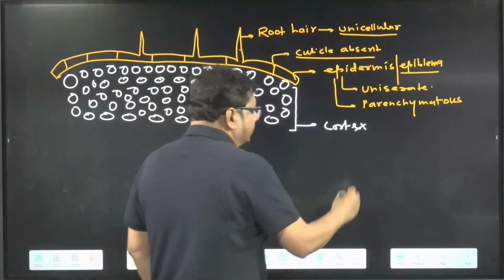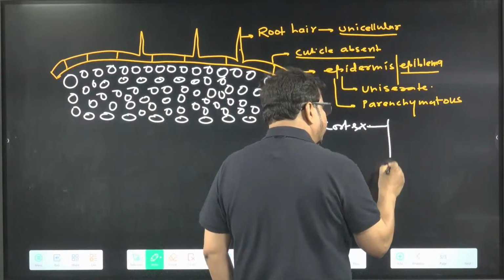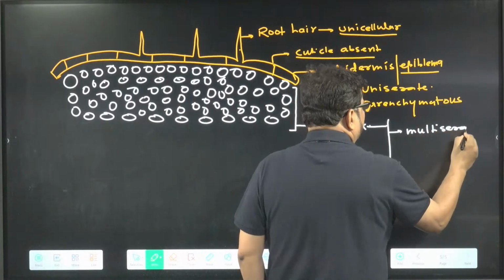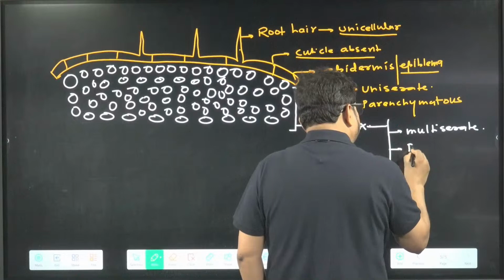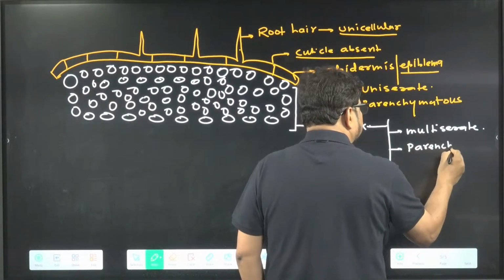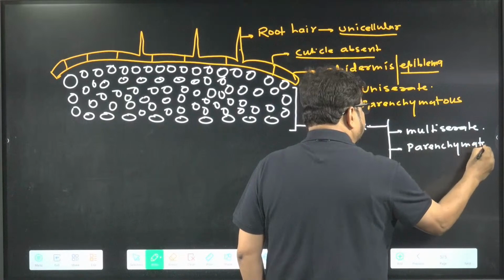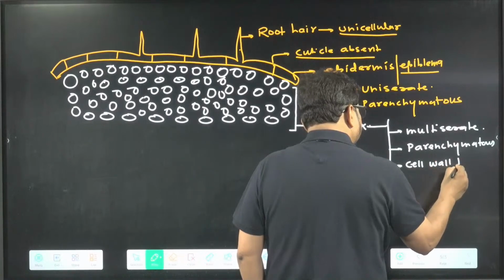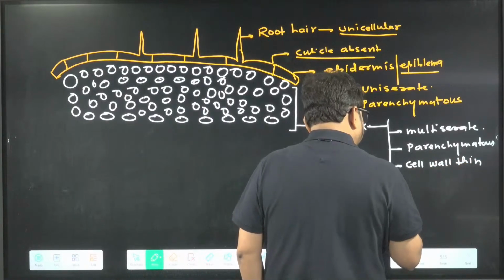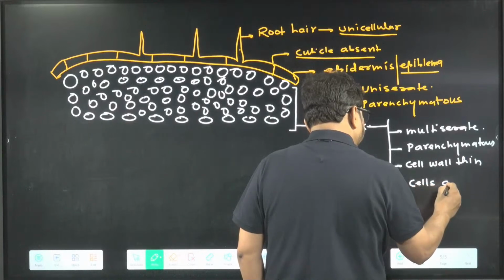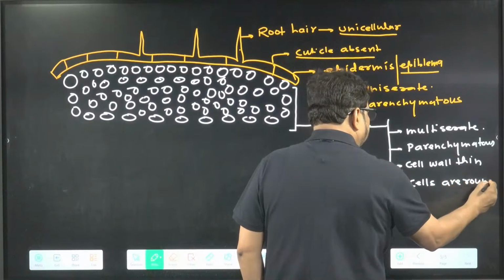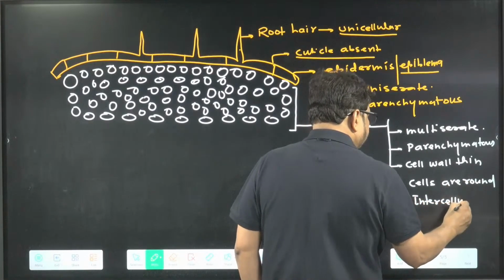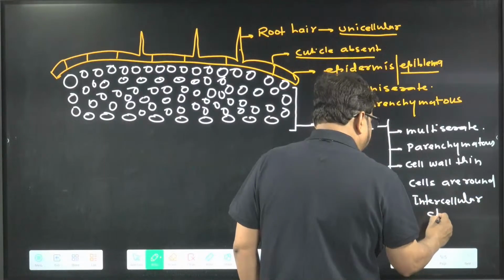And is this cortex uniserate or multiserate? It is multiserate, made up of more than one layer. Parenchymatous, made up of which kind of simple tissue? Parenchyma. The cell wall is thin. Cells are round. And intercellular space is present. So these are the characters of the cortex layer.